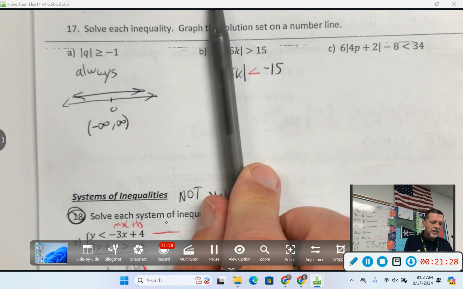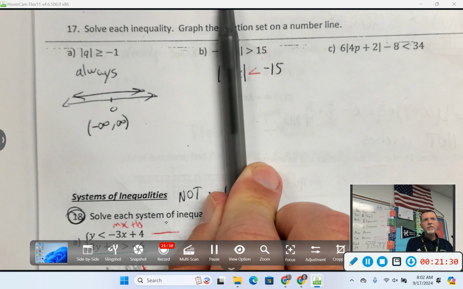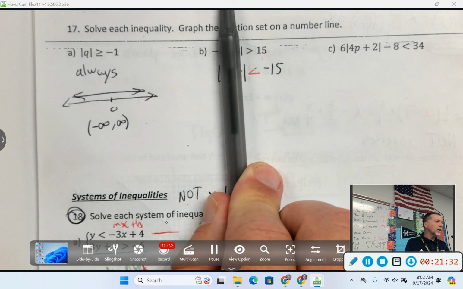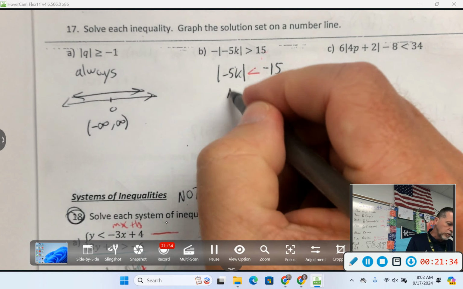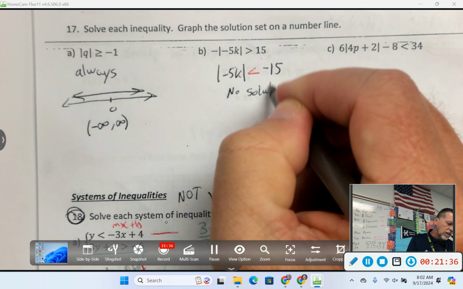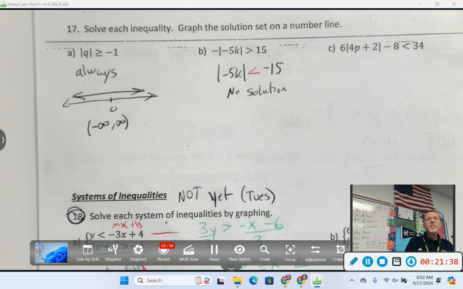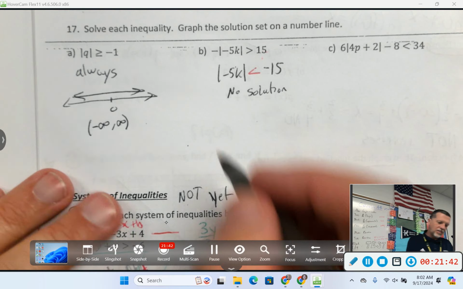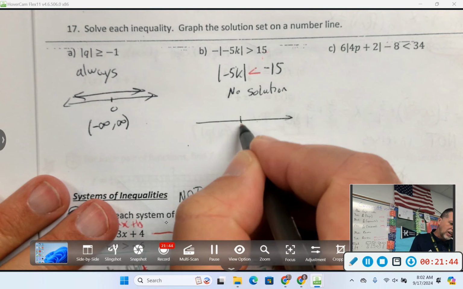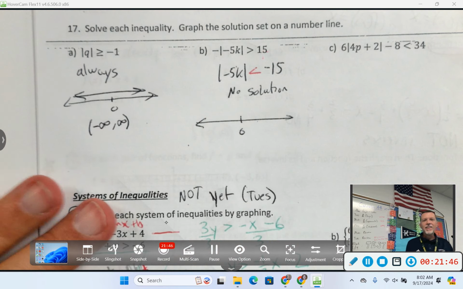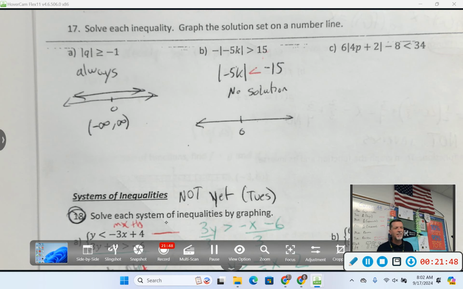I don't care. Absolute value less than a negative doesn't work, ever. So no solution. You don't have to graph no solution, but you could. You would just have nothing on the number line. It's kind of dumb.